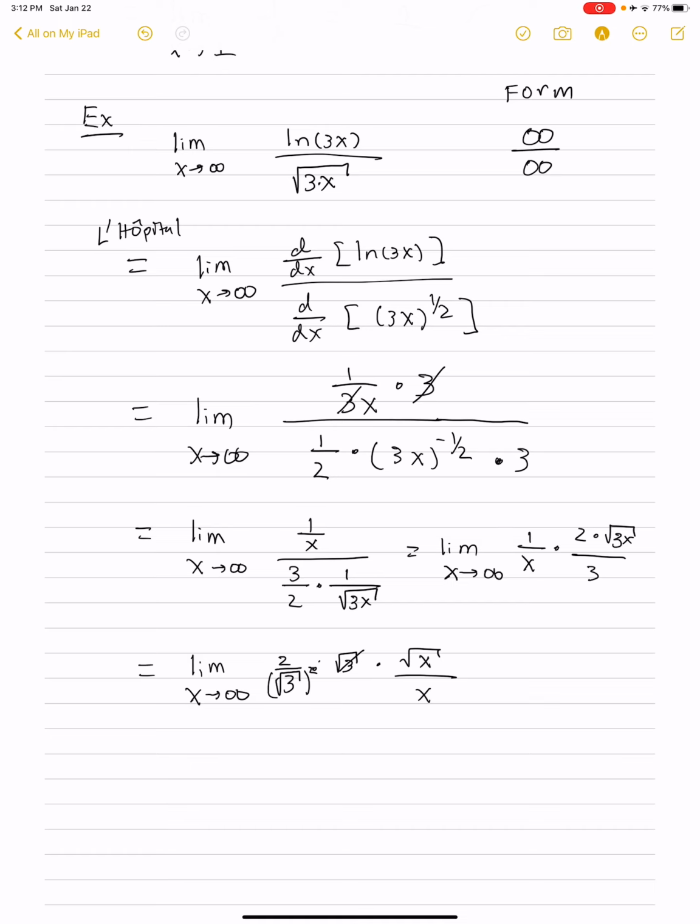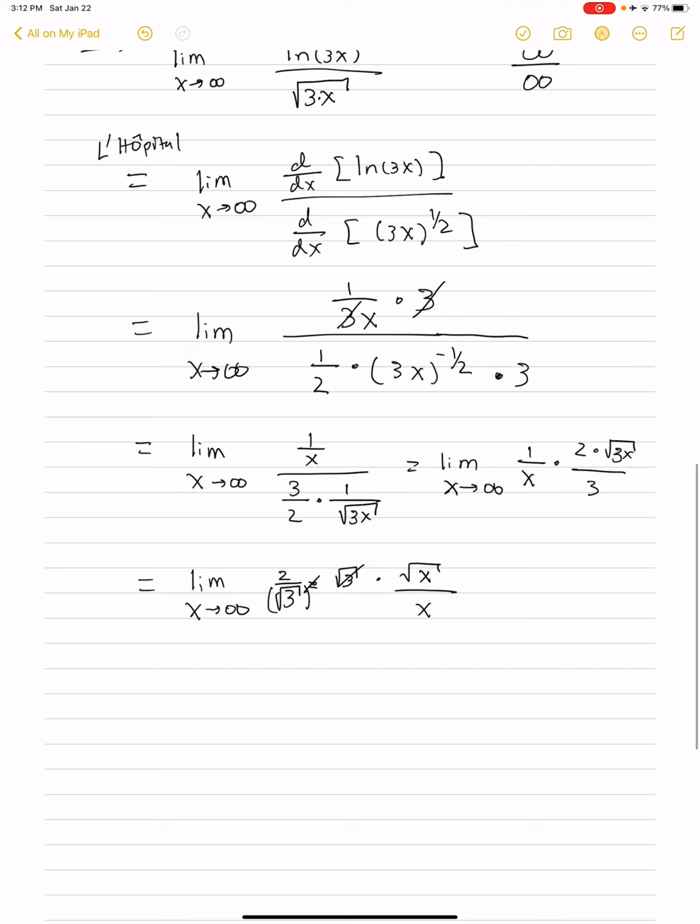So I can cancel that square there. And then this will simplify one more time, just doing algebra, as 2 over root 3 times 1 over square root of x. That's how the last term simplifies to. Now as that goes to infinity, this limits to 0. Okay, so our final answer is 0 in this case.